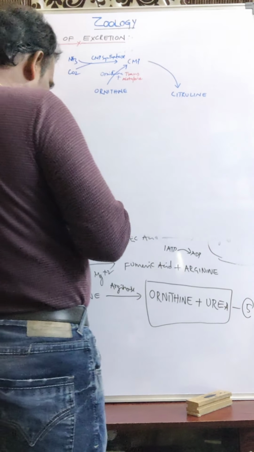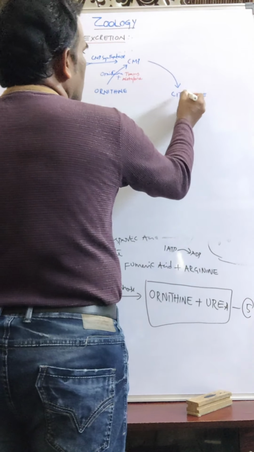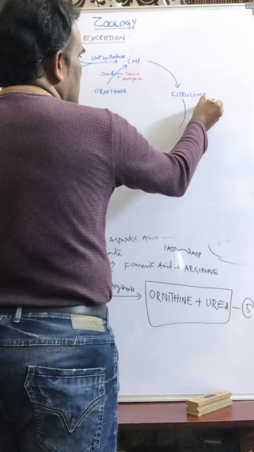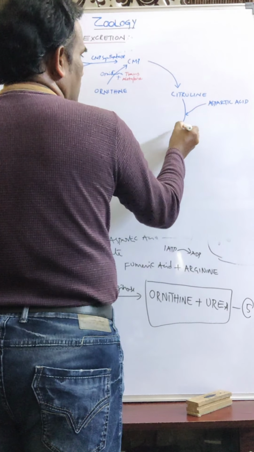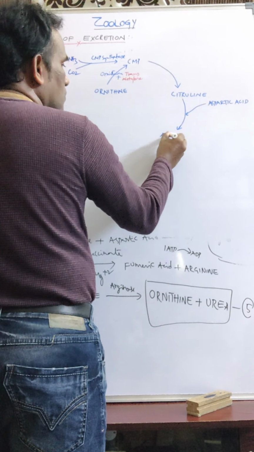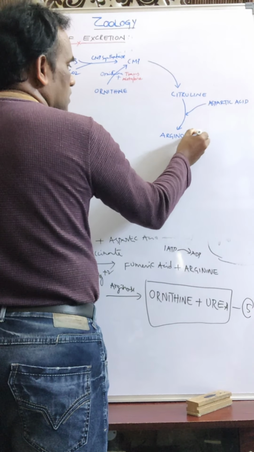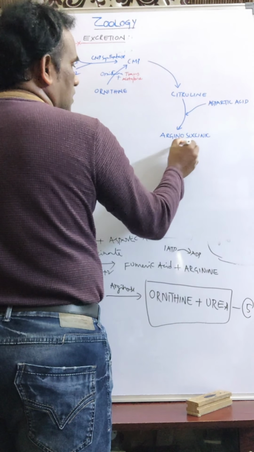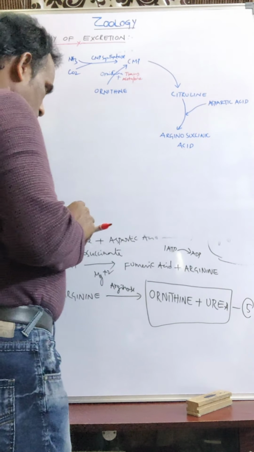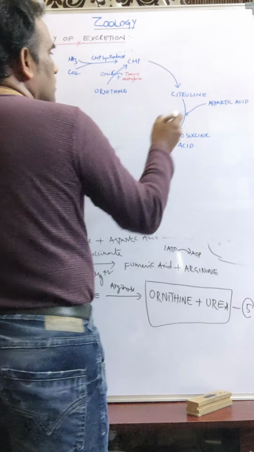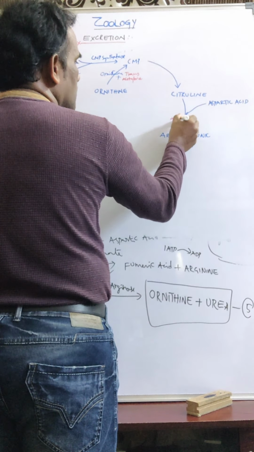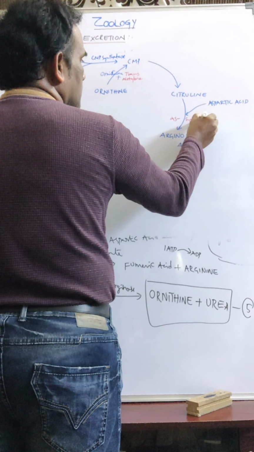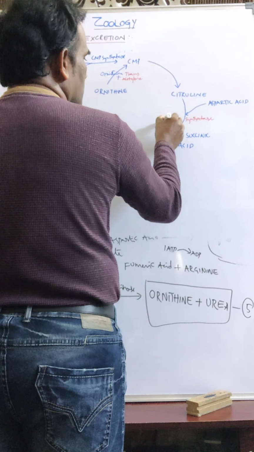Then citrulline combines with aspartic acid and forms arginosuccinic acid, in the presence of the enzyme arginosuccinic synthetase.